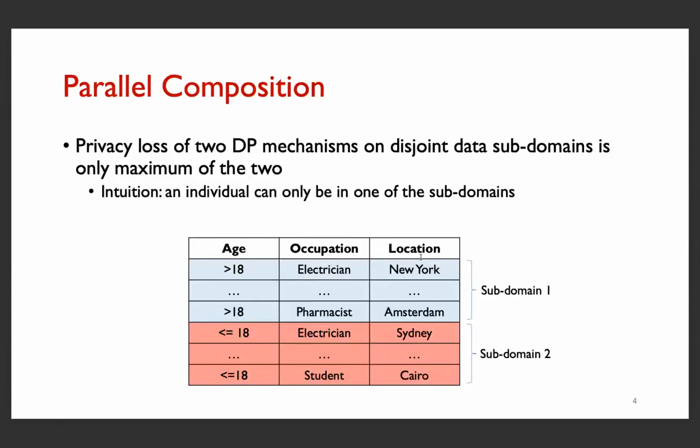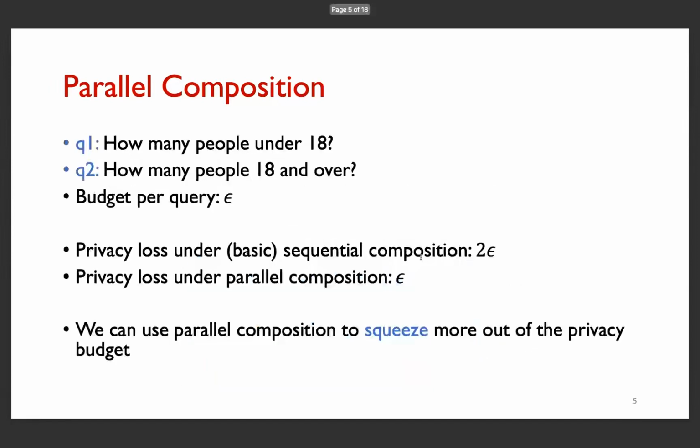So informally, this means that two mechanisms are composed in parallel if they work on disjoint subdomains. In this case, the privacy loss is only the maximum of the two. And the intuition behind that is that an individual can only be in one of these two data subdomains.